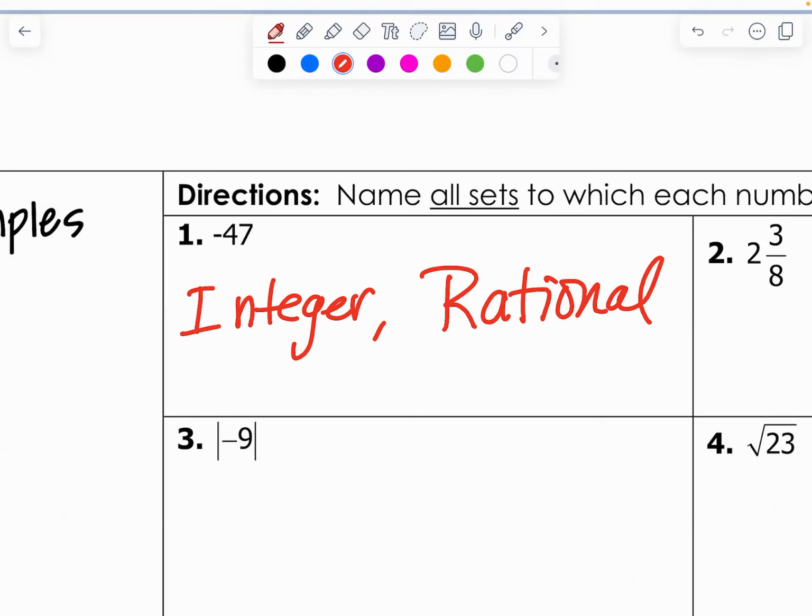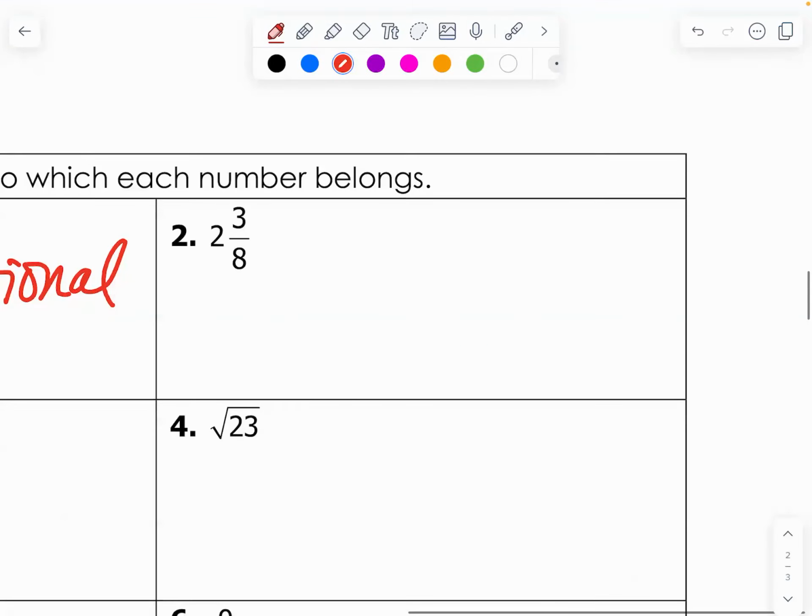Okay. Our next example is 2 3/8. So this is a fraction. It goes into the one by itself. So what one by itself?